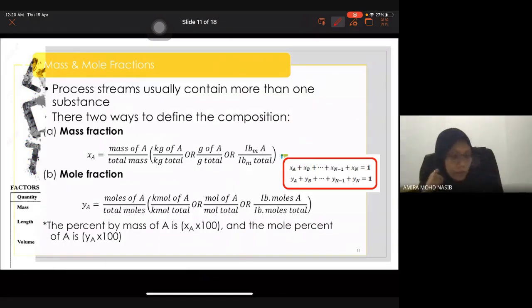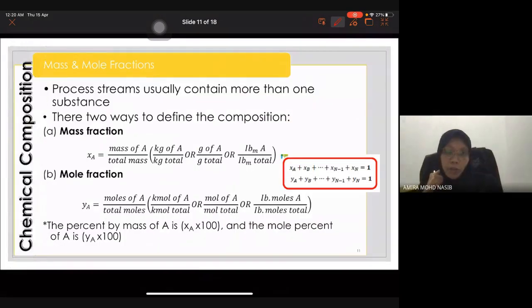Next, we are talking about chemical composition. All right. Chemical composition can be read in two ways, either mass fraction or mole fraction. If mass fraction, you're using mass, so the unit will be gram, kilogram, or pound mass.